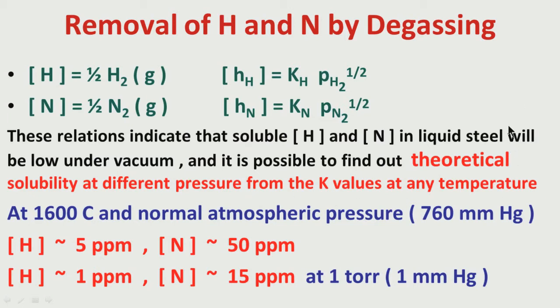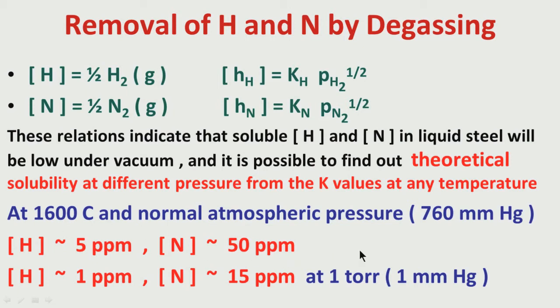So, let us now try to get some quantitative figures. I have mentioned here at 1600 degrees centigrade, these K values are dependent on temperature. So, from thermodynamics we can get at 1600 centigrade what is the Kh and Kn, and at normal atmospheric pressure, that means when the pressure is 1, what is the soluble hydrogen, what is the soluble nitrogen. These are theoretical calculations.